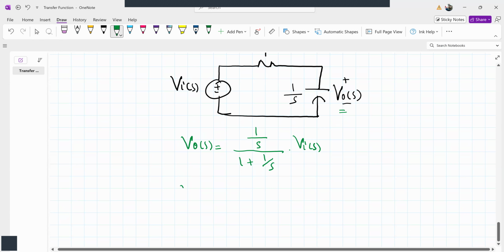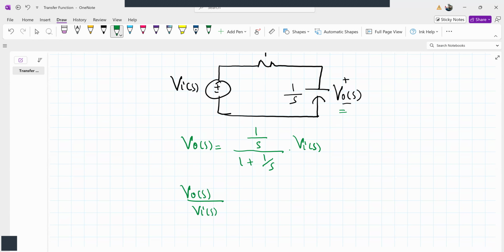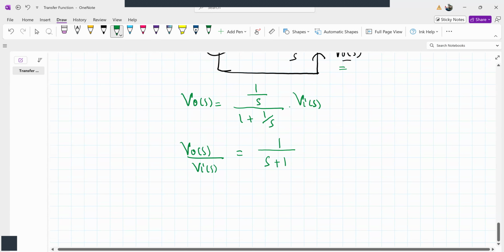If I divide both sides by Vi of S and simplify, the transfer function of this network is simply 1 divided by S plus 1.